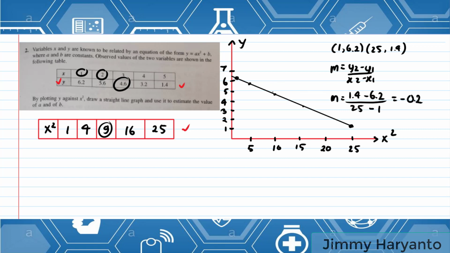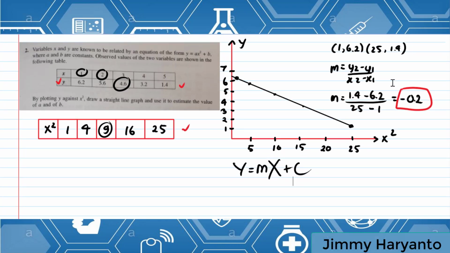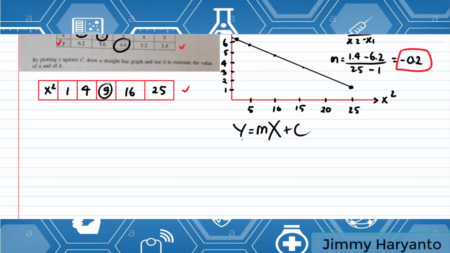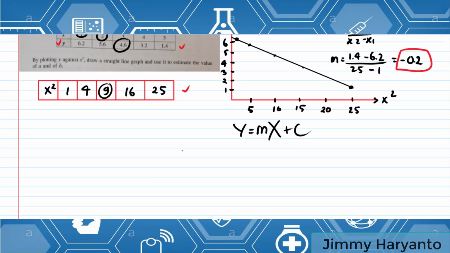And then we have to find the c. This is the gradient, and then we have to find the c. Y equals mx plus c, with big X and big Y. We can use 25, 1.4 maybe, or maybe the smaller one, 1, 6.2. Use 1, 6.2 to find the c.